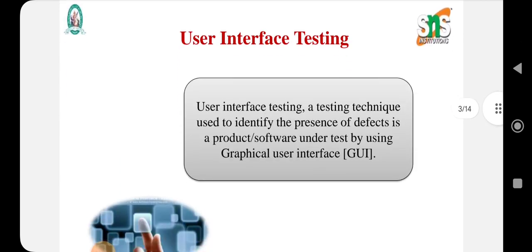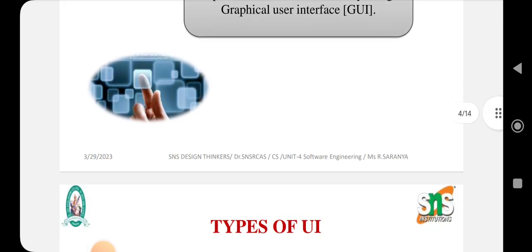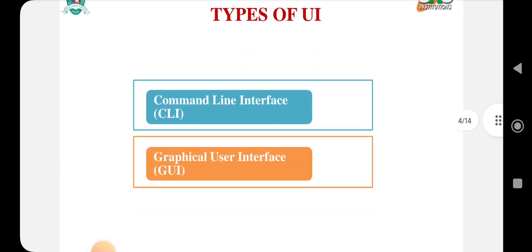First, let us see what is meant by user interface testing. It is one kind of testing technique. It's mainly used to identify the presence of errors in the product which we create. During the testing, we basically have two different types of user interface. One is the command line interface and the other is the graphical user interface.